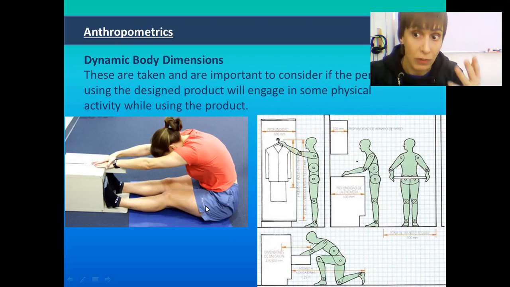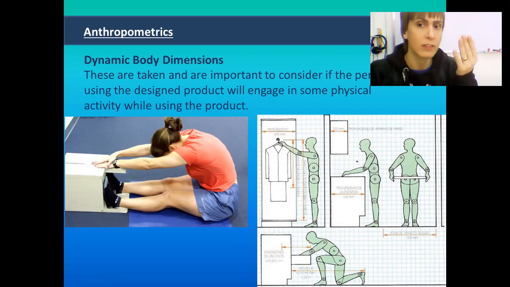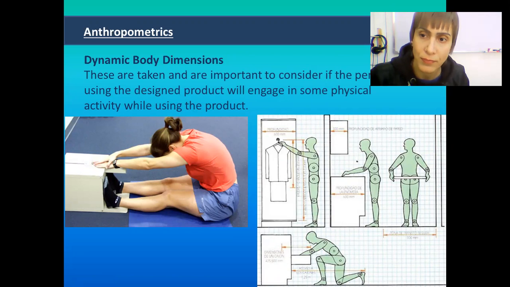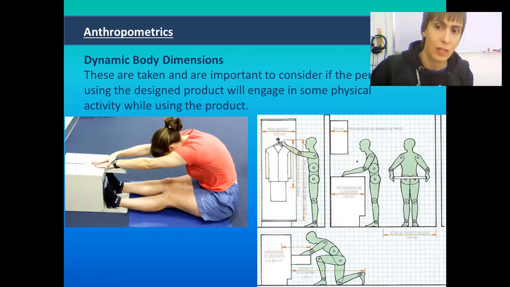And you need to have this in drawings and tables to prove to the jury that, yes, I made the correct design decision. If you ignore this part, your design will be lacking severely.